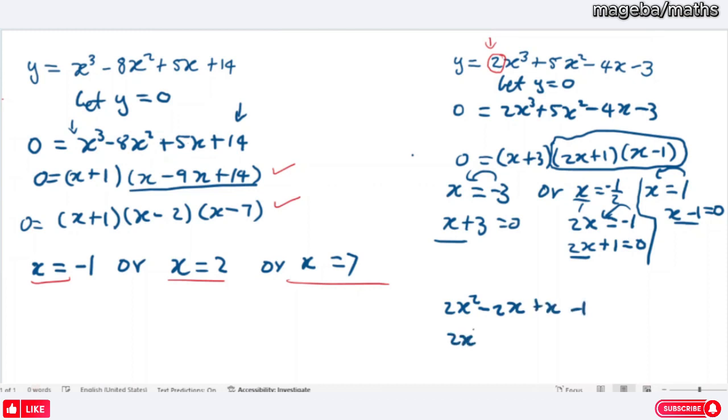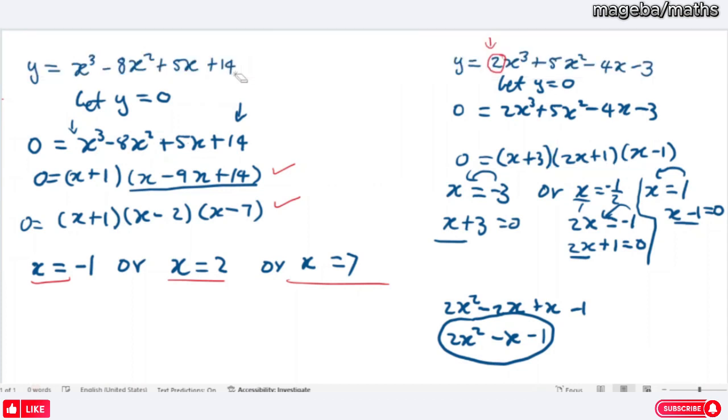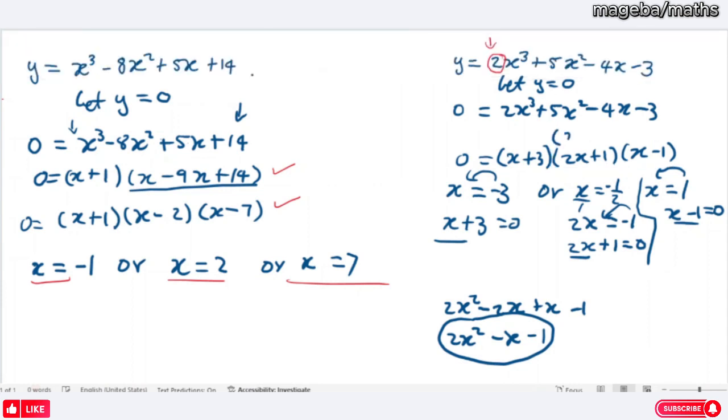So it's going to be 2x squared and then -2 plus 1 gives me -x and then minus 1. So this part here is going to be that part that is going to be there. So this one is going to be 2x squared minus x and then minus 1. And then you take this one here, which is your x plus 3. Then this is equal to 0.